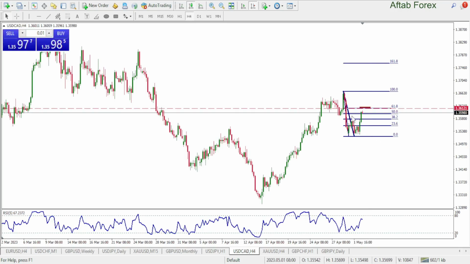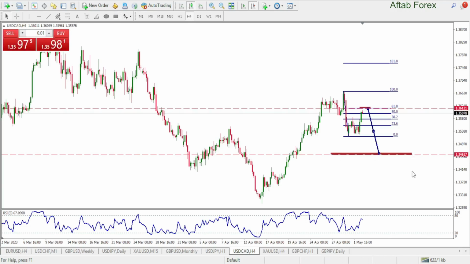So let's say in this particular case it is showing me a bearish rally towards 1.34617, right? If I'm going to trade this one, how will I trade it?